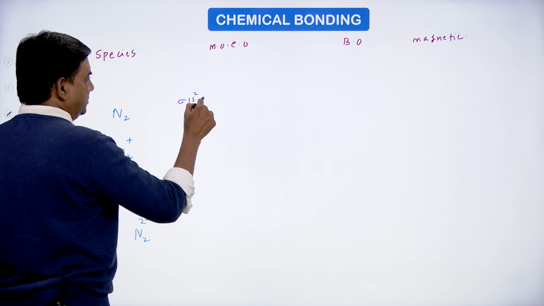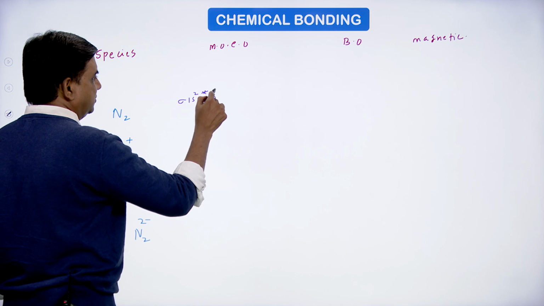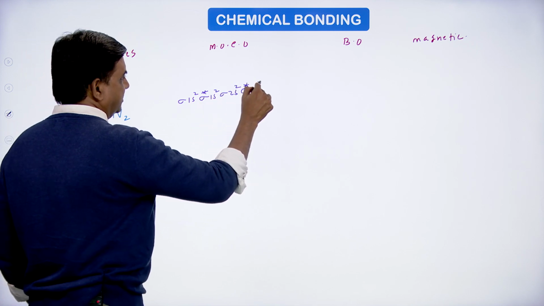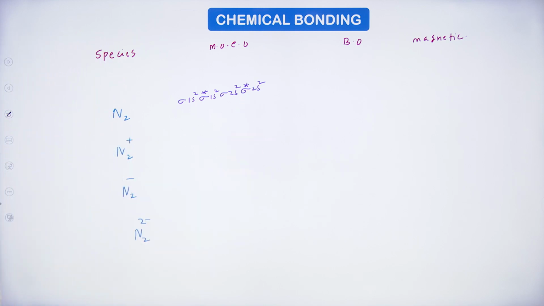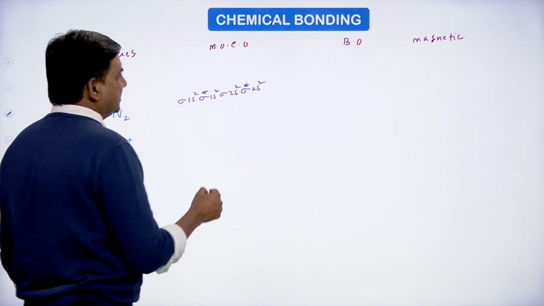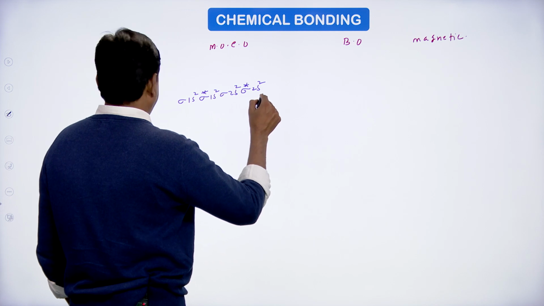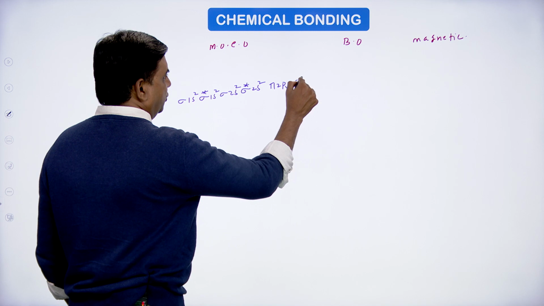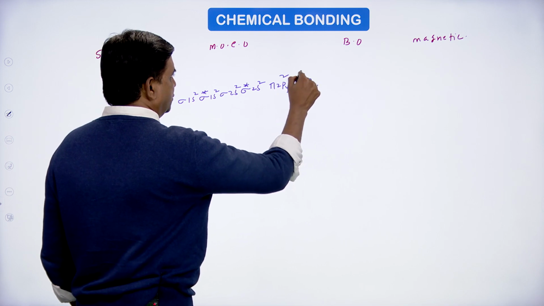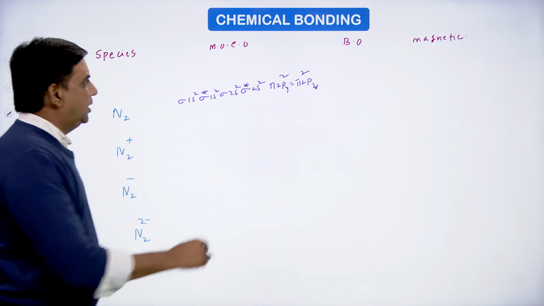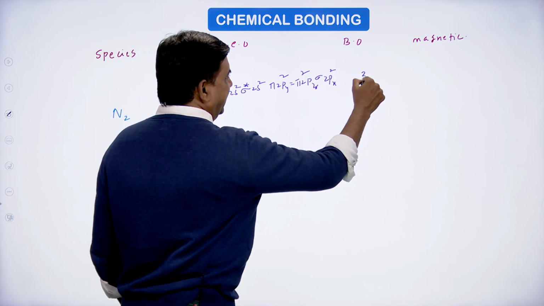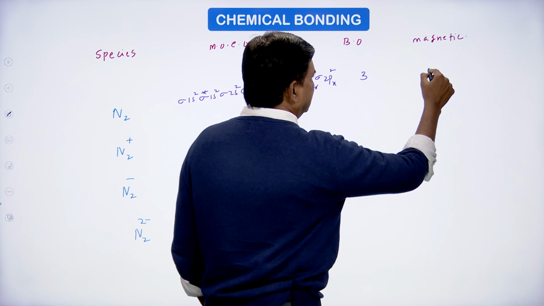Sigma 1s2 and sigma star 1s2 and sigma 2s2 and sigma star 2s2 and pi 2py is equal to pi 2pz, 2 each, and sigma 2px2. Bond order is 3 and magnetic nature is diamagnetic.